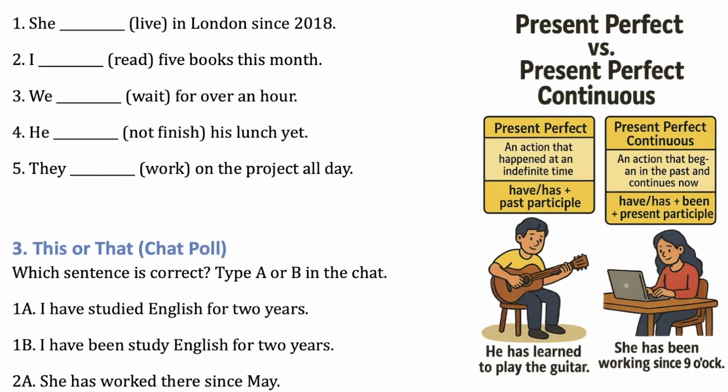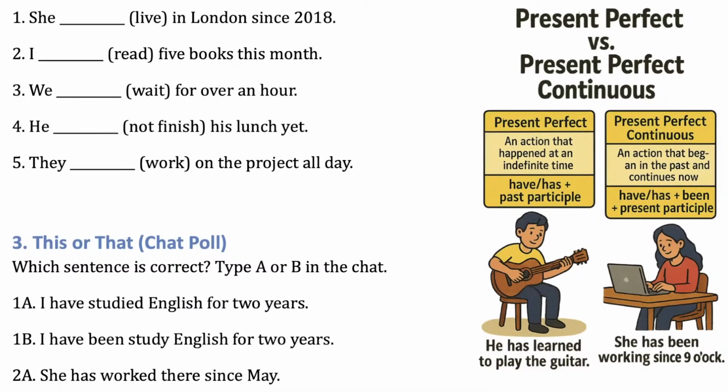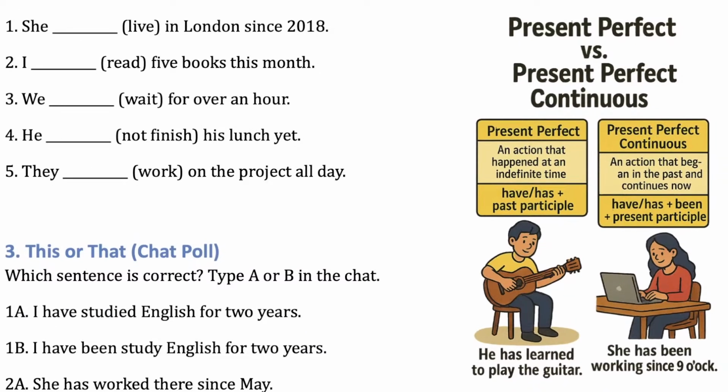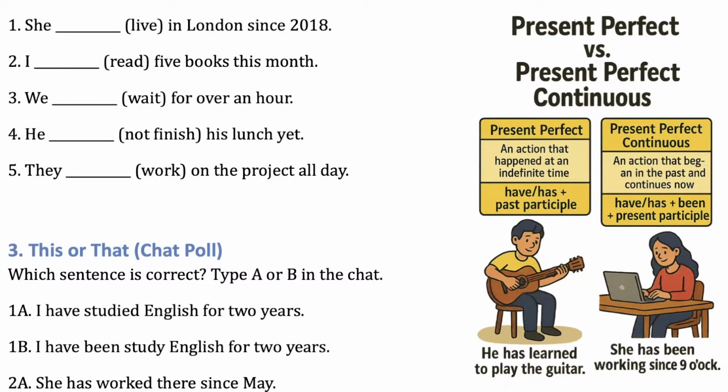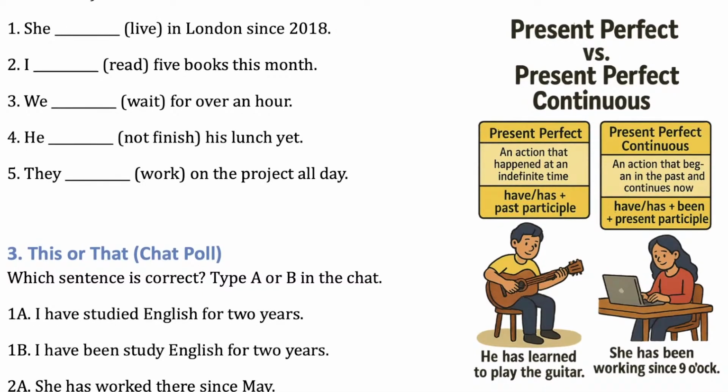So here, he has learned to play the guitar, right? There's no specific time. It's something he completed. But we're talking about it now. And then she has been working since 9 o'clock. So a continuing time of doing something. She has been working since 9 o'clock.